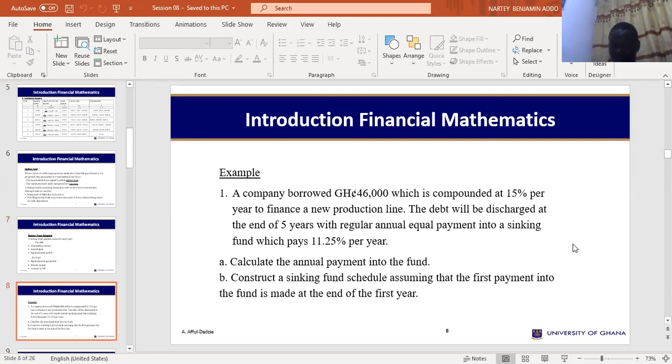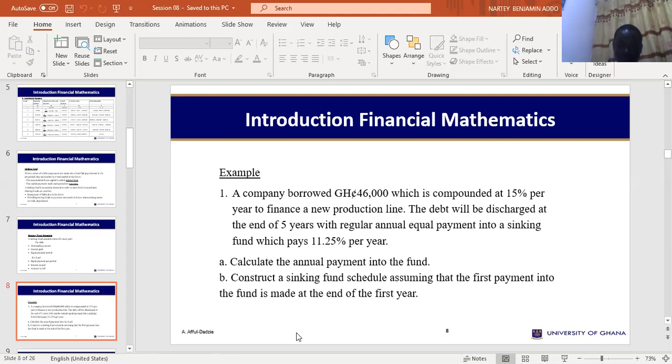The repayment of the 46,000 will not be spread over a period. The duration here is 5 years, so the 46,000 will be with you for the whole 5 years. At the end of the 5th year, you are supposed to pay this 46,000 plus the accrued interest. So this one is a single sum of money.